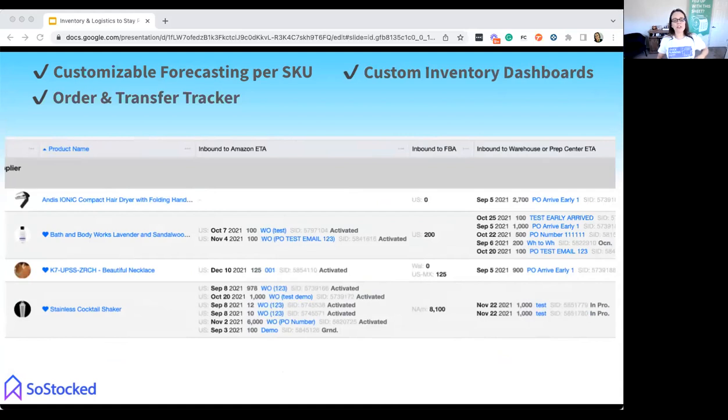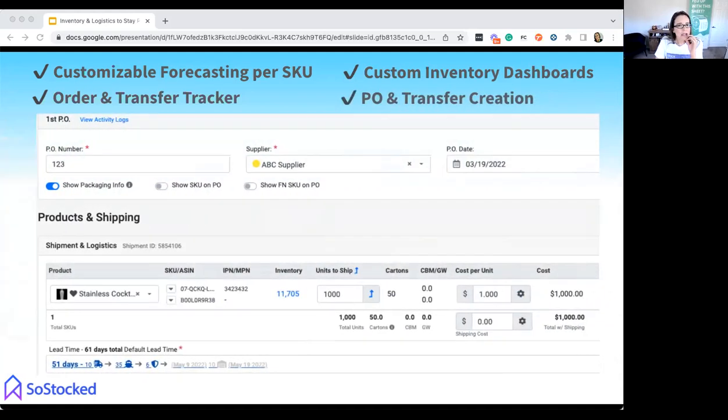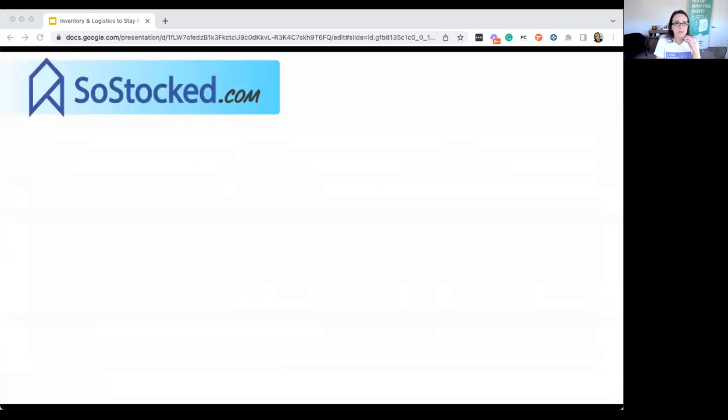All of those reports that we talked about, the inventory reports that need to go to the marketing team, they can all be built out inside of the inventory dashboards based on your specific needs for your business. And then we have PO and transfer creation. It's basically PO management, transfer management, being able to, with a couple clicks of the button, place your orders based on your forecast and send them off to your suppliers and your warehouse directly from the software.